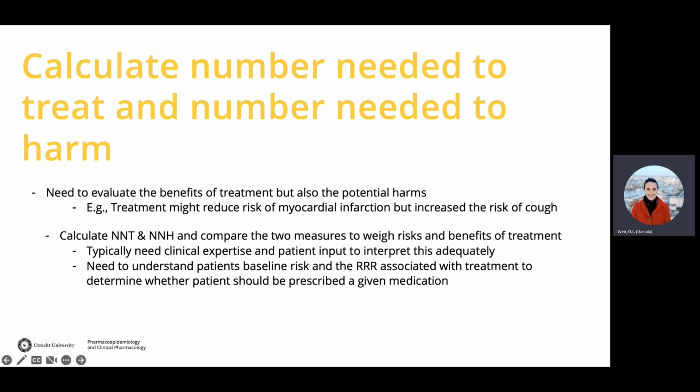If the baseline risk of an outcome is very low in a patient population and the relative risk reduction is also quite low, and the number needed to harm is maybe a little bit high, that might be a really good reason not to prescribe a study drug to a patient.